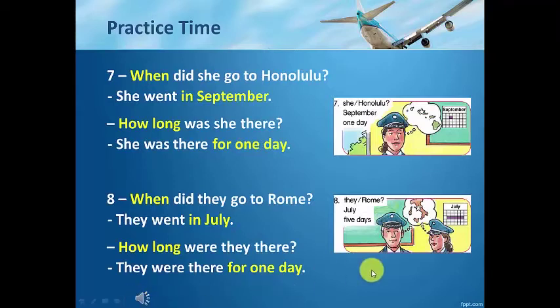Number 7. When did she go to Honolulu? She went in September. How long was she there? She was there for 1 day. Number 8. When did they go to Rome? They went in July. How long were they there? They were there for 5 days.